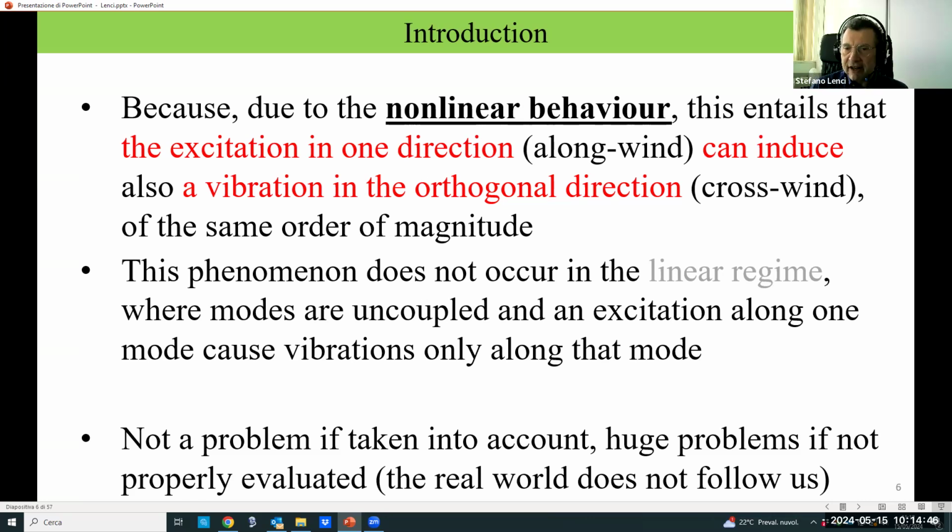But when you introduce nonlinearity, and because of the strong coupling due to one-to-one internal resonance, when you force one mode, there is some kind of spillover of energy or spillover of displacement that goes from the excited mode to the non-excited mode. And this is exactly the phenomenon that we want to study, so this crosswind excitation due to the one-to-one internal resonance.